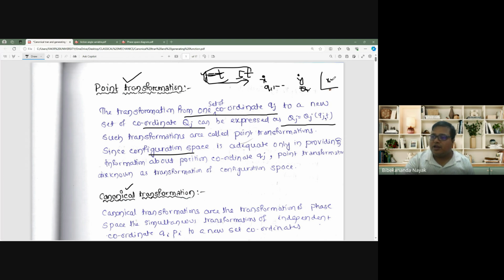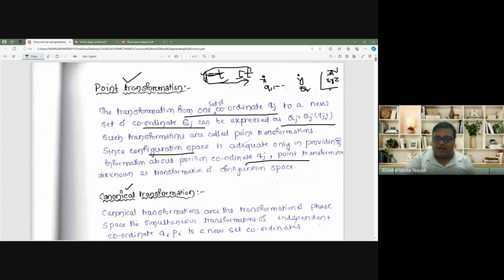If we have n number of particles, then we have 3n coordinates: x1, y1, z1, x2, y2, z2, up to x_n, y_n, z_n. In configuration space, the point transformation is a transformation of only position coordinates, because configuration space describes only position coordinates.